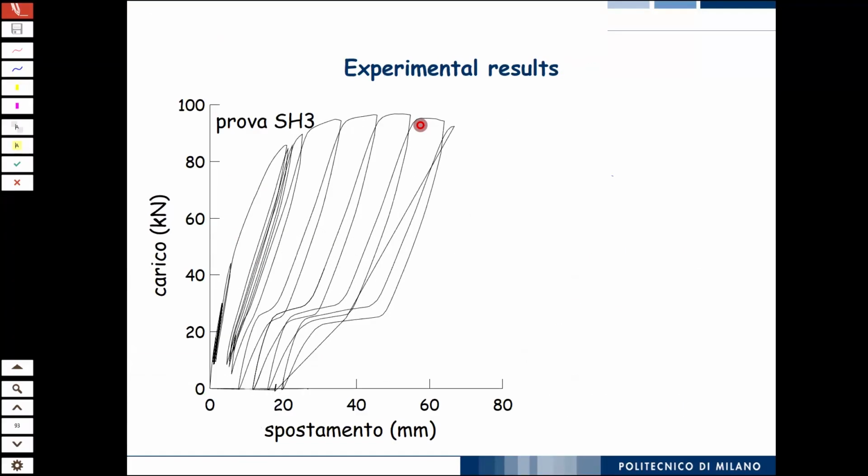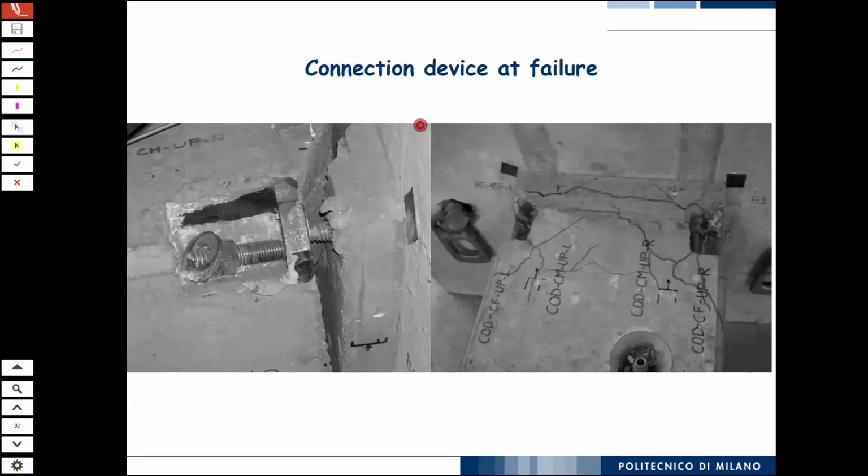So you see here, this is the column, this is the foundation, and this was the threaded bar which comes out of the foundation, and this is the connection device. What happened because of the cycles is that with the cyclic loading, you loosen the tightening, and then you briefly break the threaded bar coming out of the foundation.